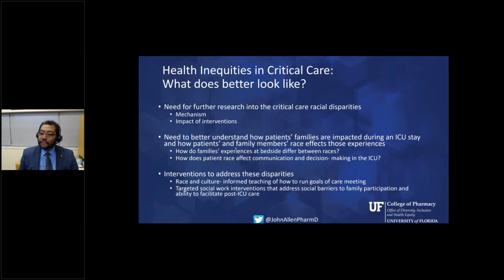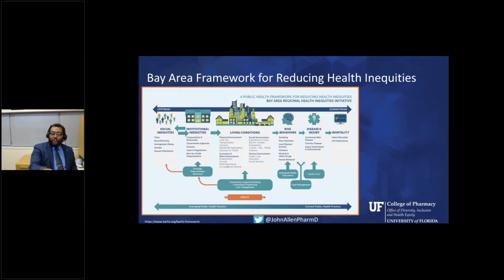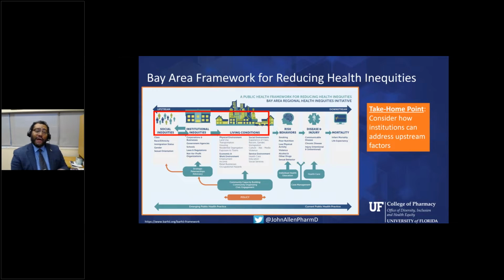Oh, sorry. So one of the things, as we talk about critical illness and medicine in general, is that we spend a great portion of our time focusing on many of the downstream effects. So we spend a lot of time focusing on management of the disease and trying to prevent mortality, and less time focused on the upstream effects.